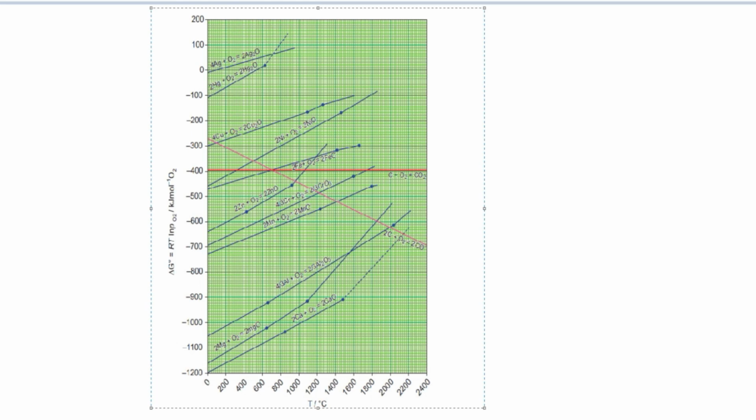Here we can see that the most reactive metals react fast with oxygen to form oxide, and the standard free energy change for these reactions is more negative and found at the bottom of the graph, and less electropositive elements have less reactivity and the standard free energy change value is less negative, and they are found at the top of the graph.